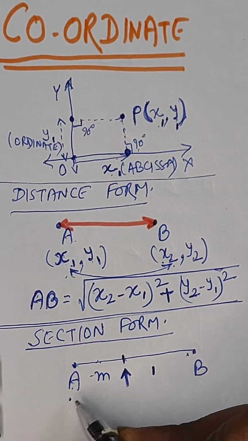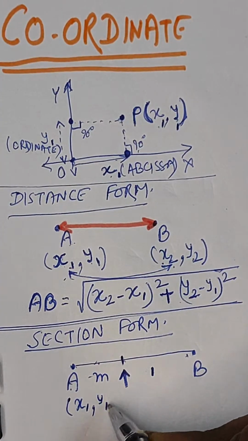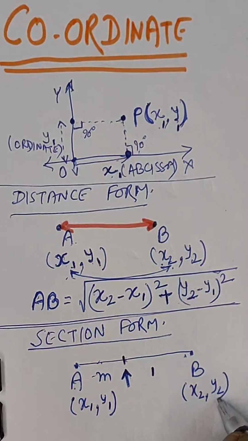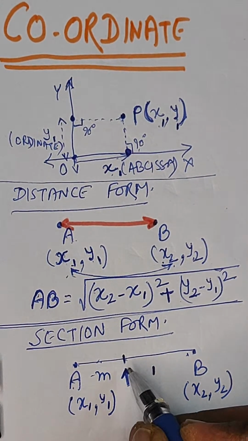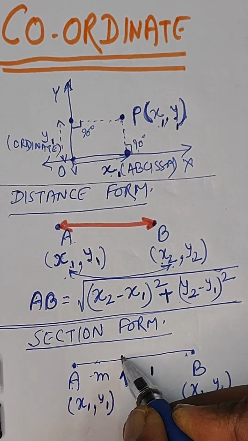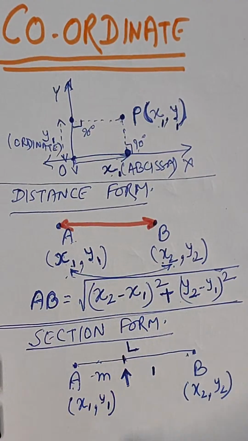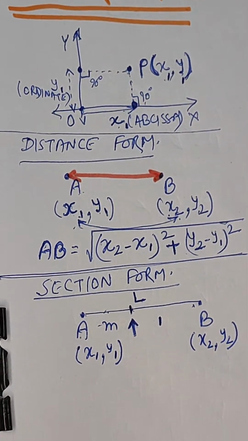So here, what we can say, x1 y1 here and x2 y2 here, right? Then the coordinate of the point, let us say this point is L, right? Then the coordinates of point L can be found very easily.